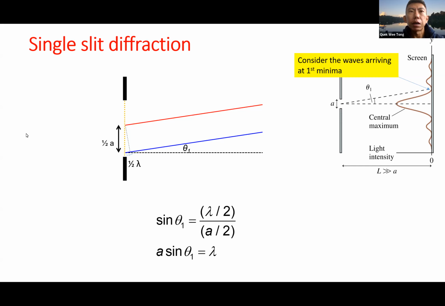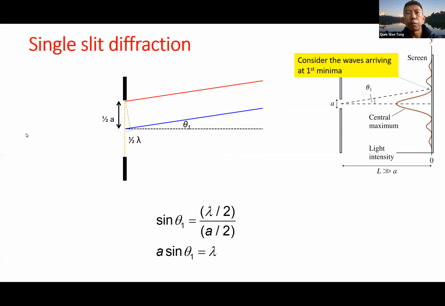Well, if the first point and the point in the middle can fulfill that condition, then by symmetry, and just by pushing the whole diagram up a little bit, the second point and the second point from the middle will fulfill the same condition as well. And the third point, fourth point, and every point. So as long as we fulfill this condition, all of the bottom half and all of the top half will destructively interfere with each other.